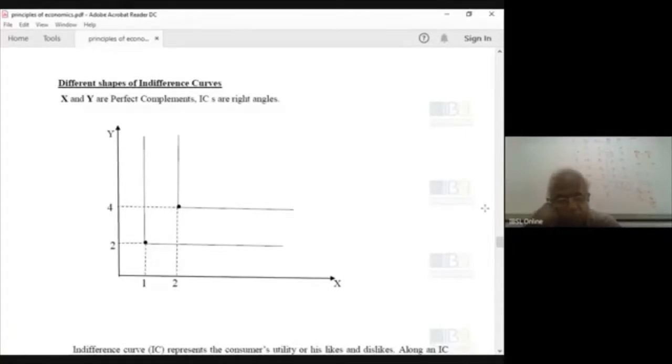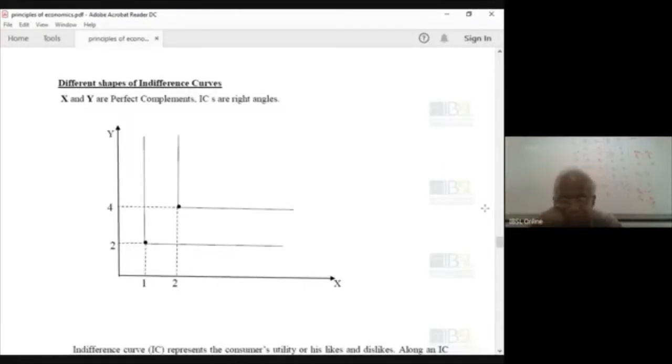He prefers 1 to 2. 1 cup, 2 sugar. 2 cups, 4 sugar. His equilibrium point is always these dotted points, moving along the dots. Other points you don't have. Always fixed proportions: 1, 2, 2, 4, 3, 6, like that.